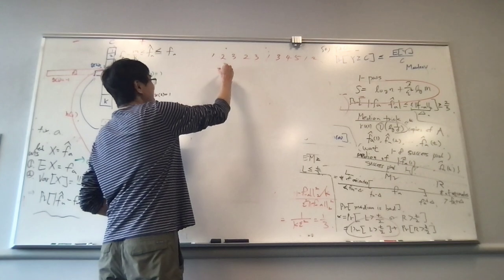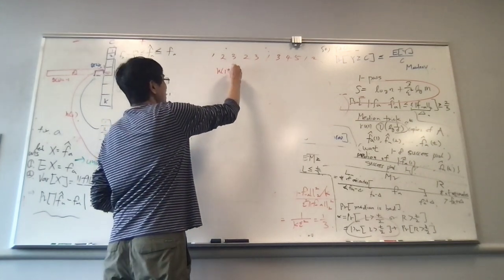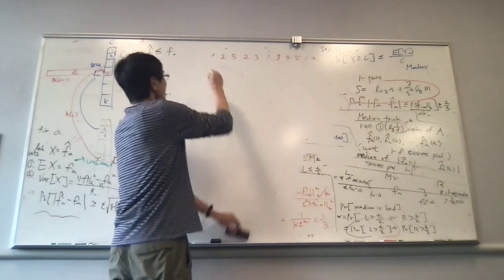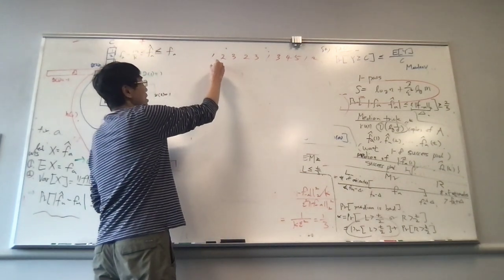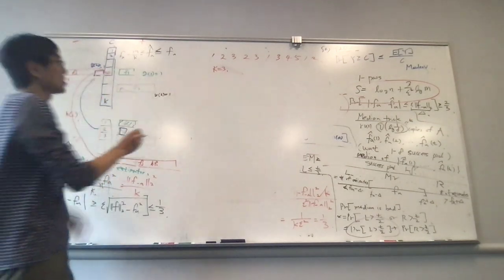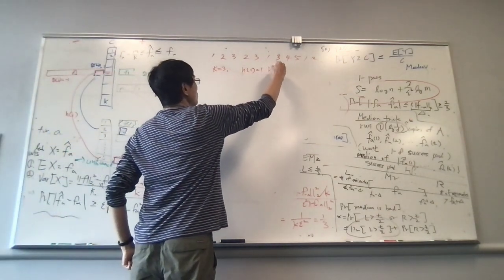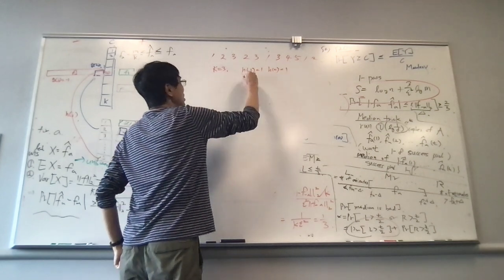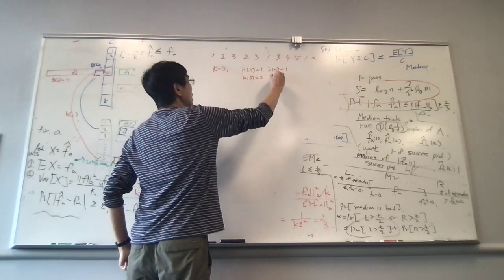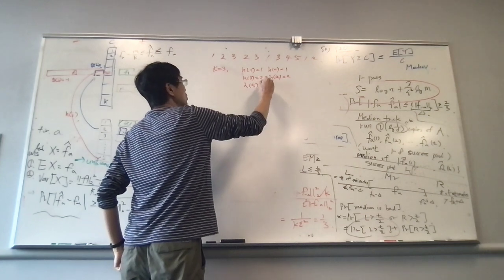H decides the slot. I'm going to assume that K equals 3, so the table has 3 slots. I'm going to assume that H1 is 1, H2 is 1, H3 is 2, H4 is 2, and H5 is 3.